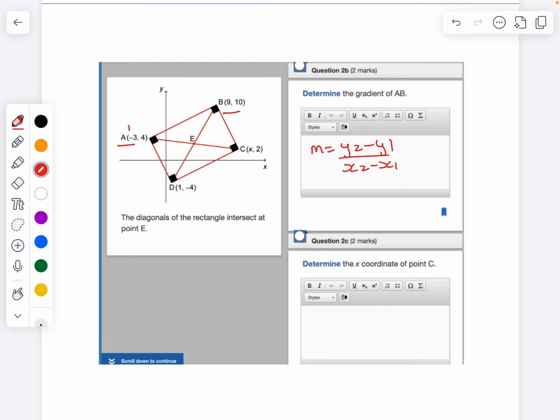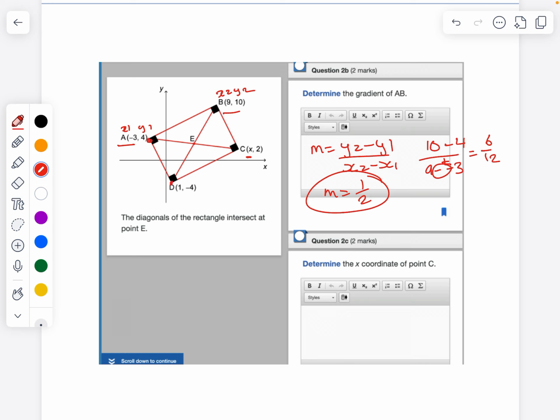Depending how you label them, I am going to label this one x1, y1, x2, y2. So 10 minus 4 over 9 minus negative 3. Two negatives make a positive. So that is going to be left with 6 over 12, which means your answer is a half simplified.